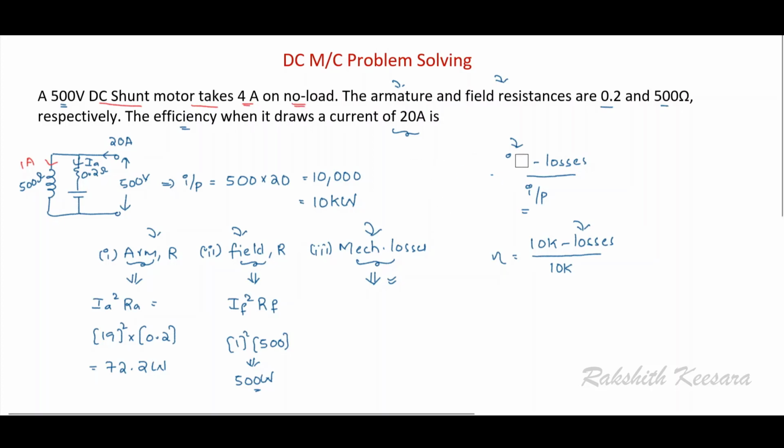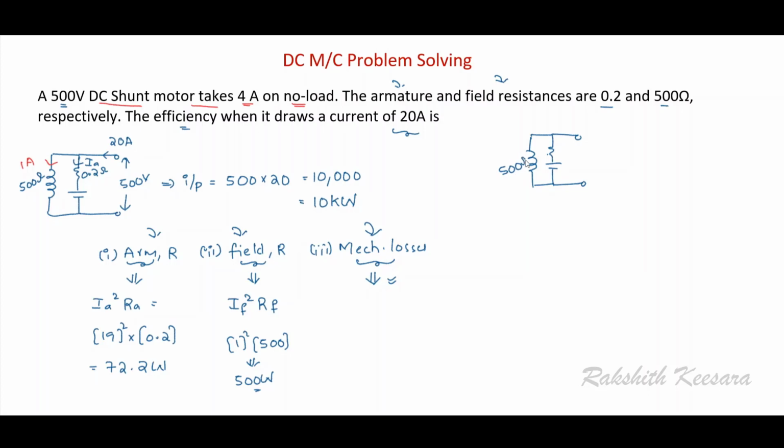So let us analyze the DC motor in no load condition. This is our motor, 500 ohm, terminal voltage is 500 volt, and it is taking 4 ampere under no load.